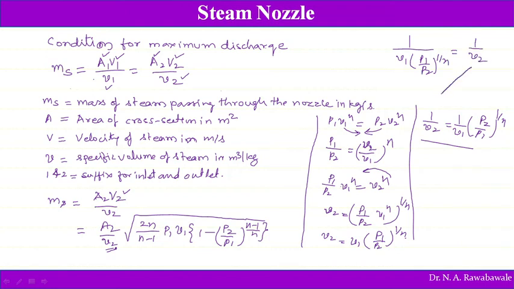So 1 over v2 we can write as it is here, 1 by v1 is written as it is. So p1 divided by p2, which is in the denominator, when we transfer in the numerator, this becomes p2 divided by p1. It was in the denominator, so now this p2 is in the numerator, so this power remains same. So now this 1 by v2 value is substituted in this equation, and we'll have one more equation.